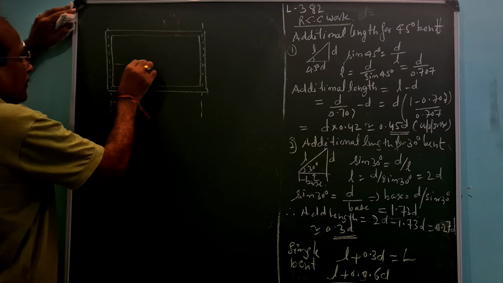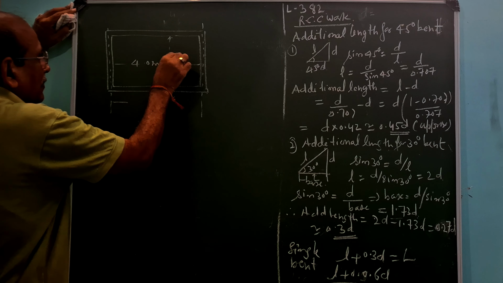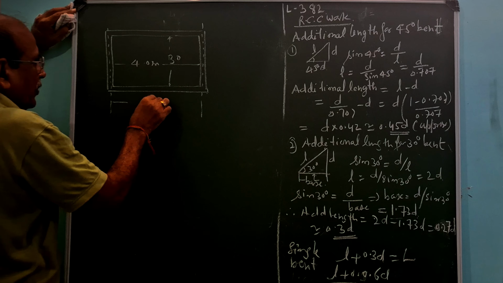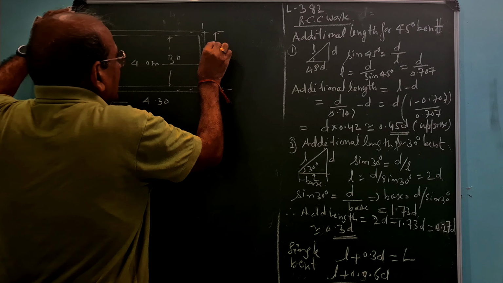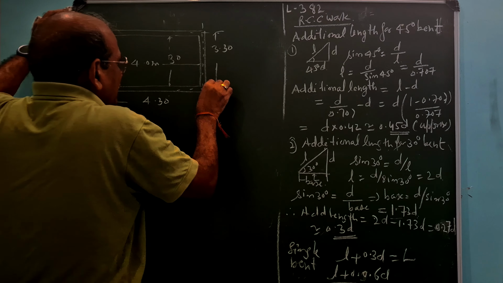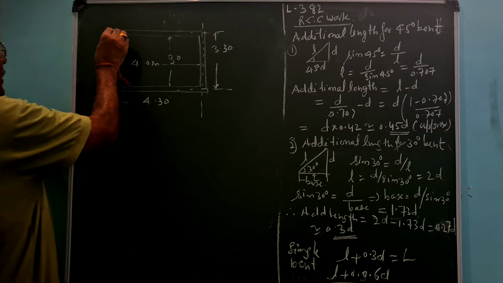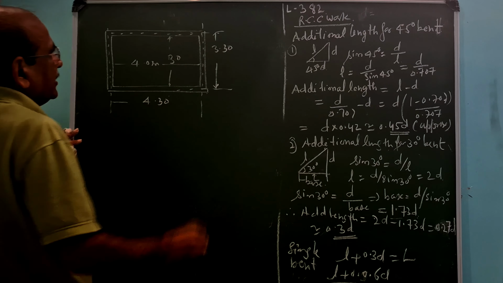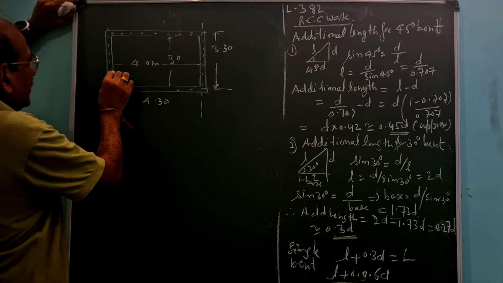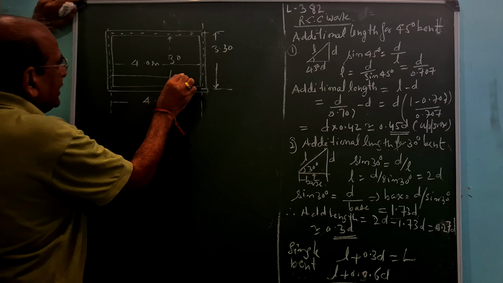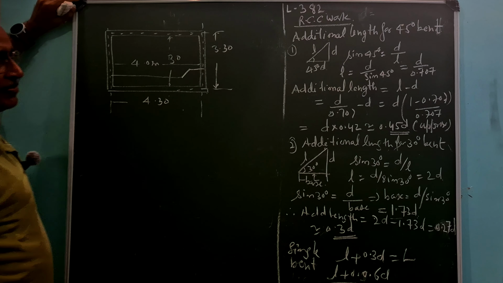Suppose this is 4 meters and this is 3 meters clear. Then this distance will be 4.30 and the other will be 3.30, since we add 0.30. So your reinforcement will start from here, going like this, bend, and go like this.